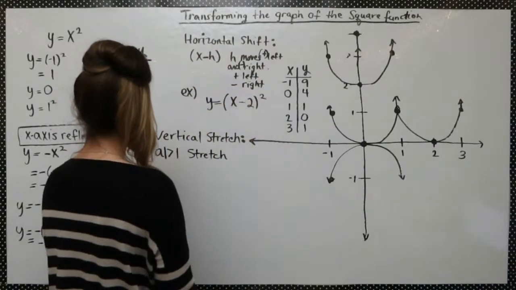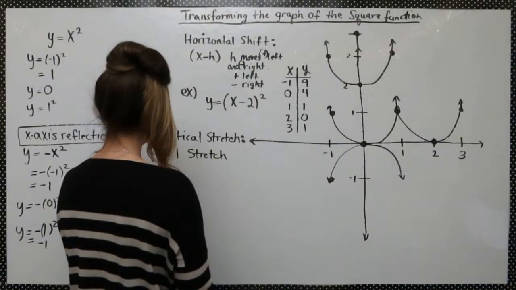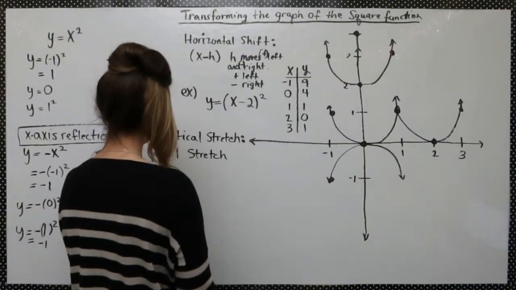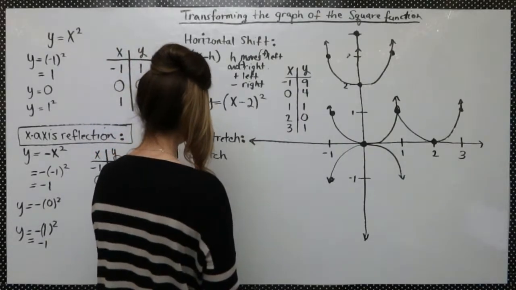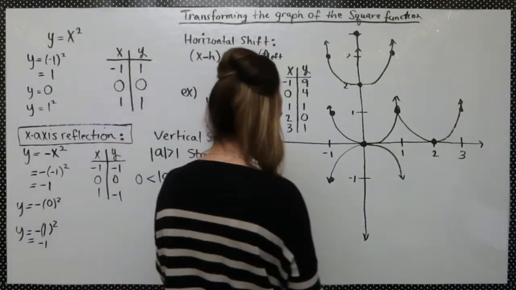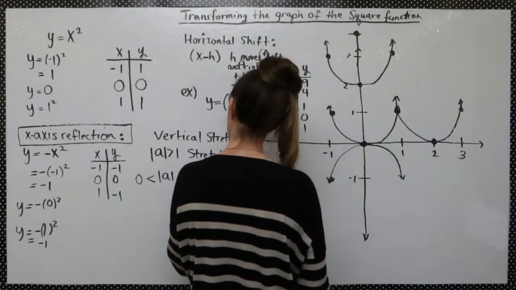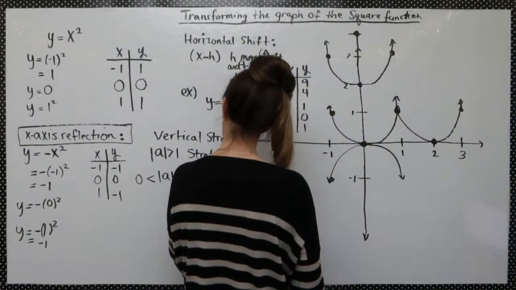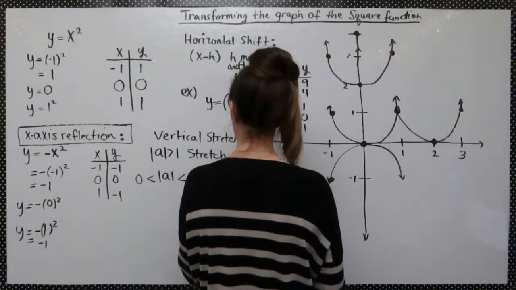And if the absolute value of A is between 0 and 1, you have a compression, or shrinking.